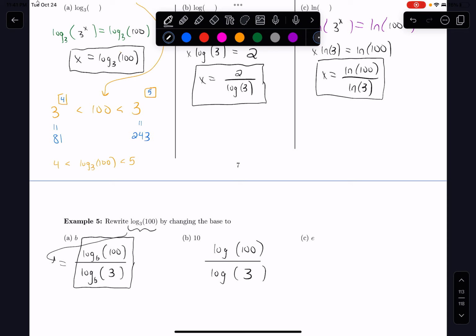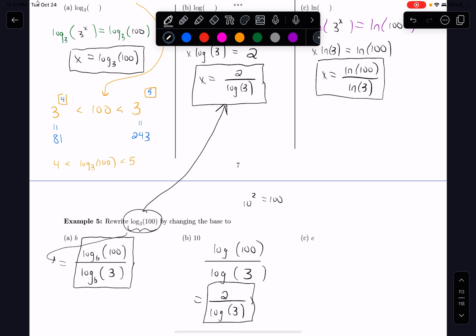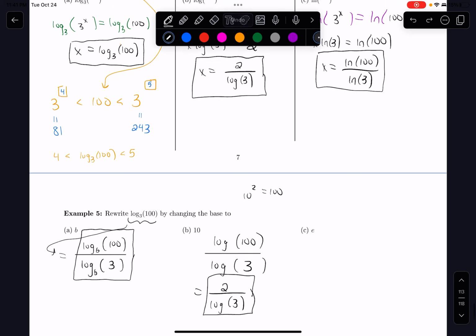But I can simplify this because log of 100, I know what that is. That's just 2, right? Because 10 to the 2 equals 100. And then log of 3 just stays. I cannot simplify that. Okay, but I got it. I've just changed the base to 10. So we've just shown that log base 3 of 100 is actually the same as that answer we were getting.